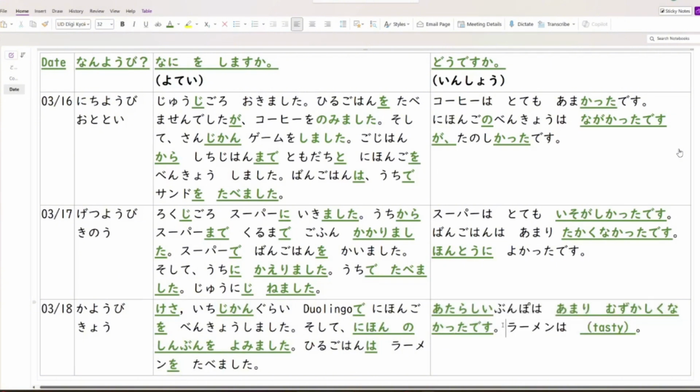Amari muzukashiku. Oh, sorry. すべてを読んでください。はい。From the start.